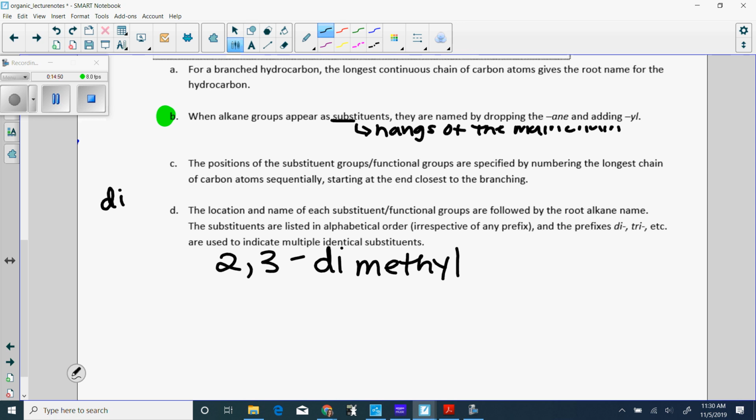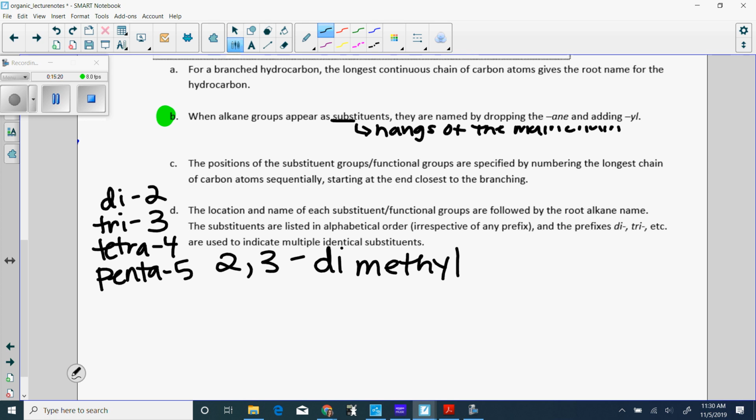Let's just preview our prefixes. Di means 2, tri means 3. Tetra, sometimes we forget, is 4. So if there were 4 of the same thing, we would say tetramethyl. Penta is 5, but if you're using a penta, you probably didn't find the longest chain, to be honest, right? Because that'd be a lot of things.